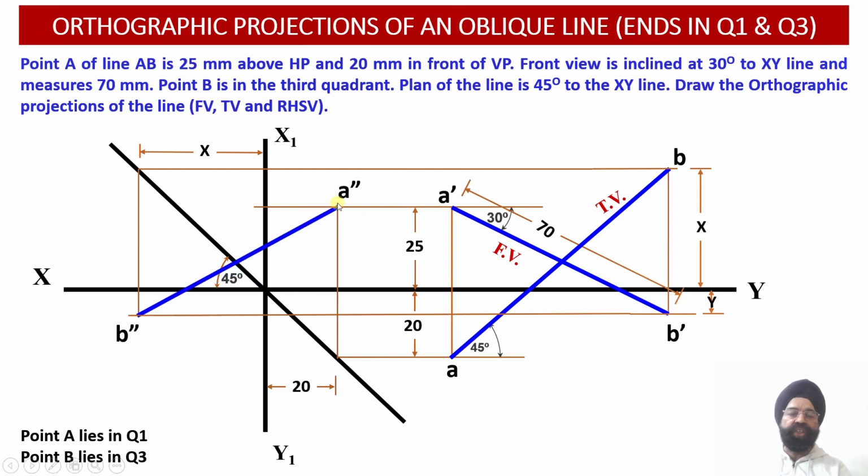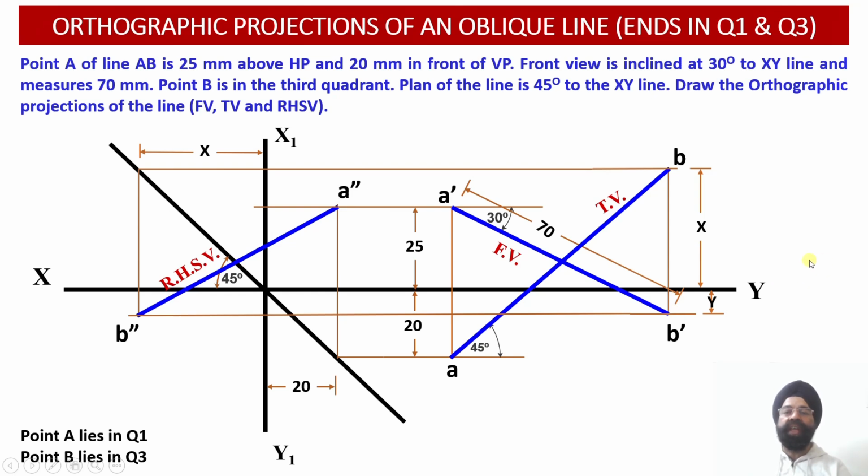Now we can join A double dash point with B double dash point and we will be obtaining the right hand side view projections of the line AB, for which end A was lying in quadrant number 1, and end B of the line happened to lie in quadrant number 3.